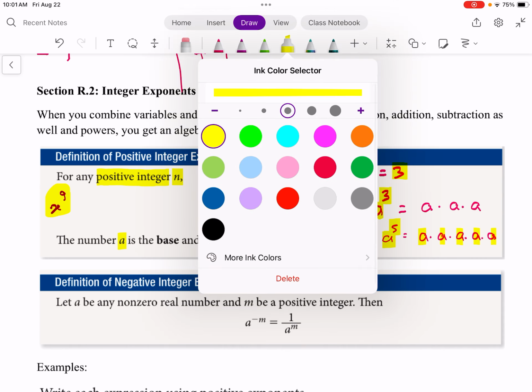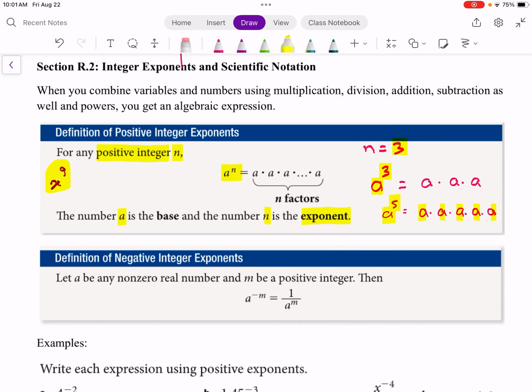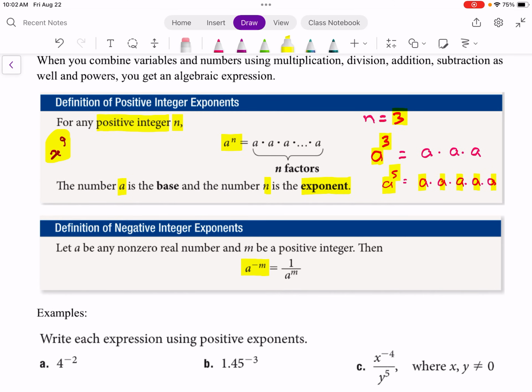Next, if we have a negative integer as an exponent, like here we have a to the power negative m, this exponent is a negative integer, and we can rewrite it with a positive integer. Let's take a to the power negative 3.